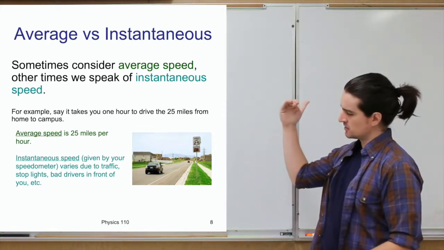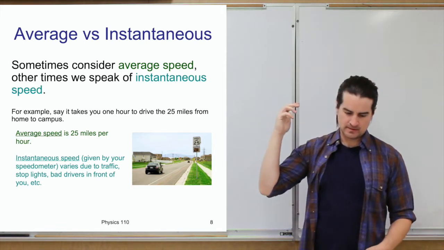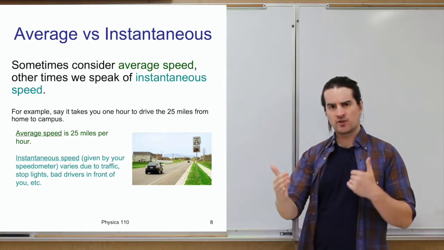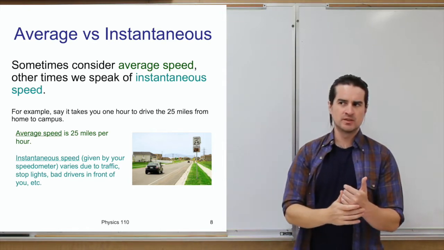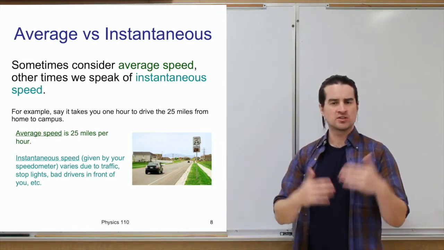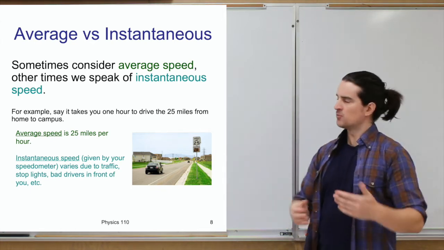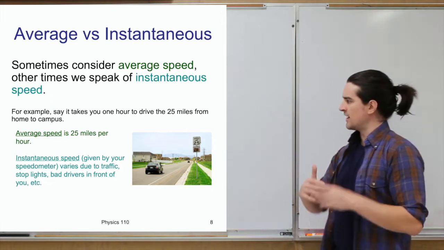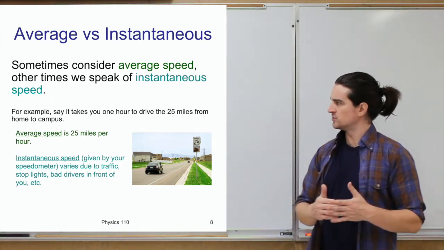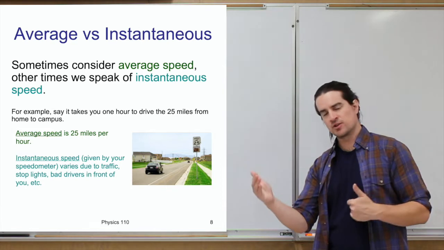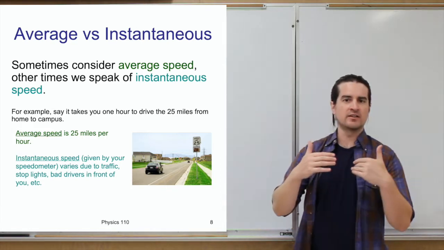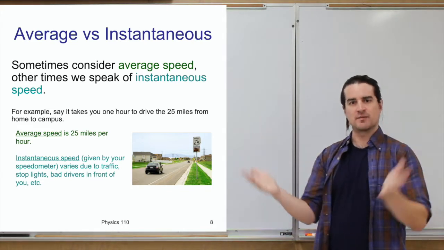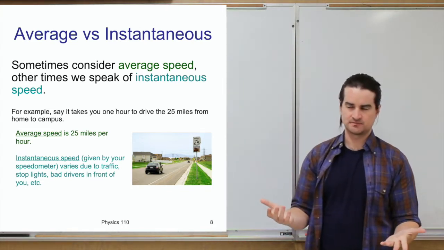So in all the cases in the past couple slides where it was like, okay, you went this far and it took this amount of time, so just divide those things, that tells you your speed. Right? What that is actually telling you is the average speed. So on average, if it took you an hour to go 25 miles, then your speed was that distance, 25 miles divided by 1 hour, 25 miles per hour.